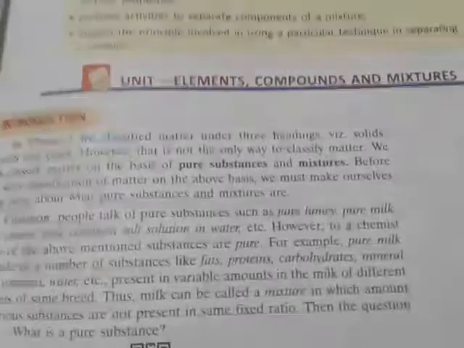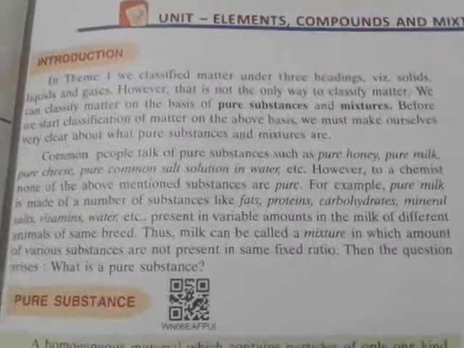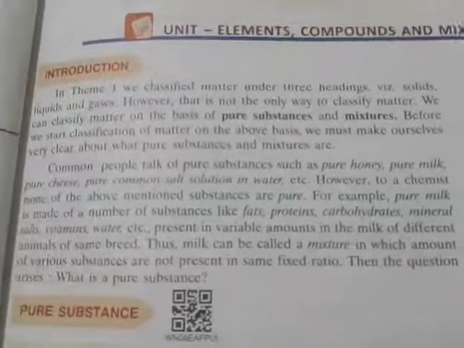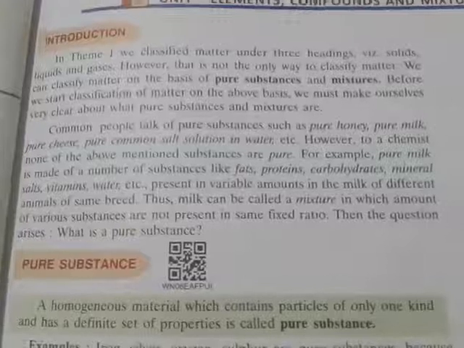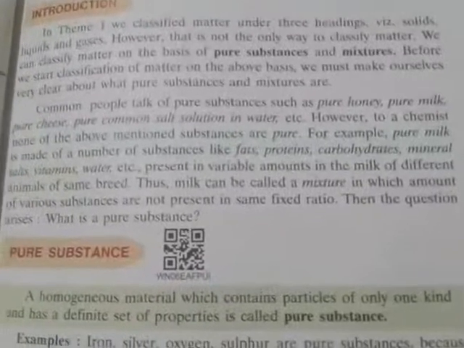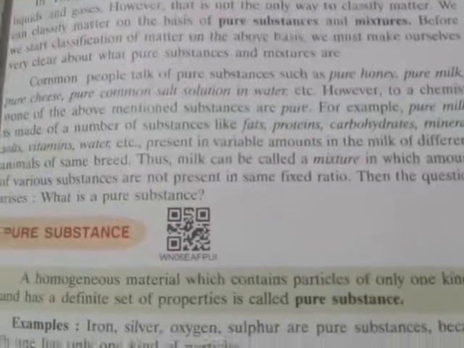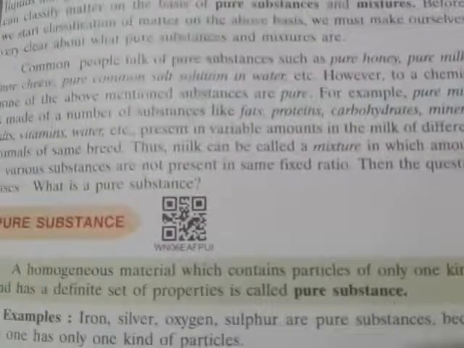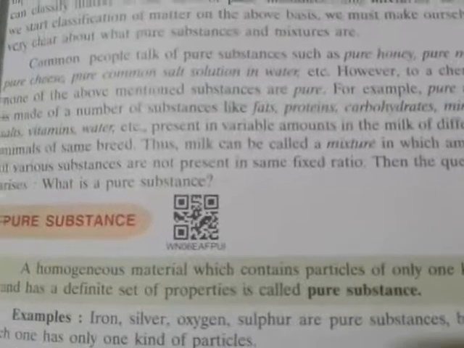Homogeneous mixtures means the particles are uniformly mixed with each other. On the other hand, in heterogeneous mixtures, the particles are not completely mixed with each other. These things we have already discussed in earlier classes, so we will not keep them here. That is your homogeneous and heterogeneous mixtures.